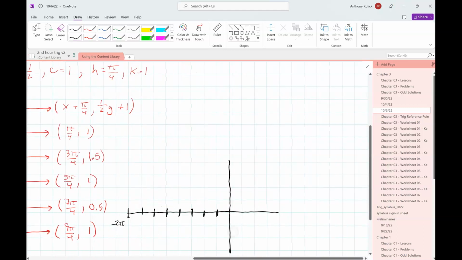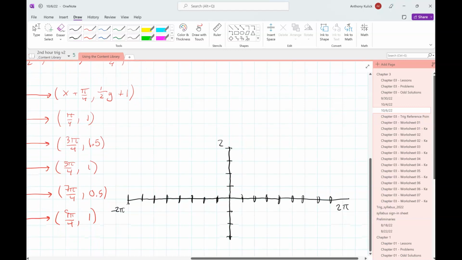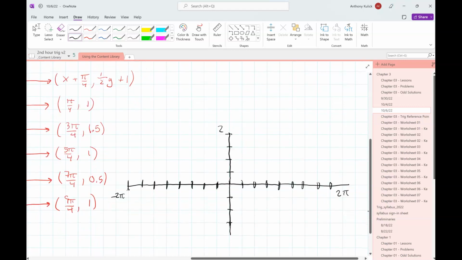Do the same thing in this direction, and we'll go up by halves here. Cool so far? Yeah. Okay.